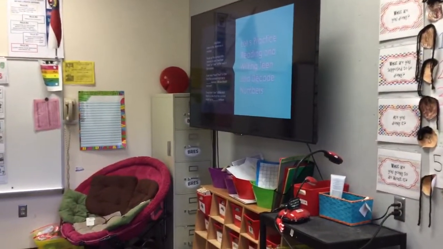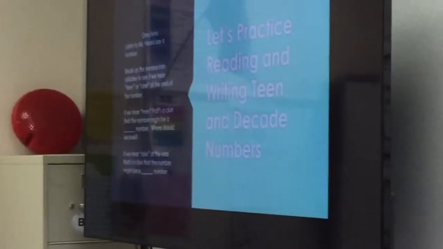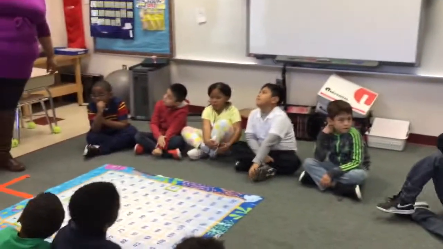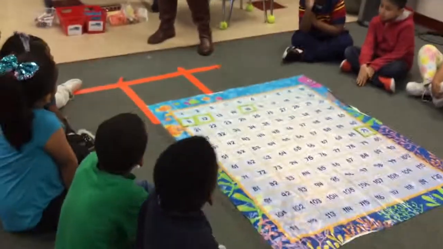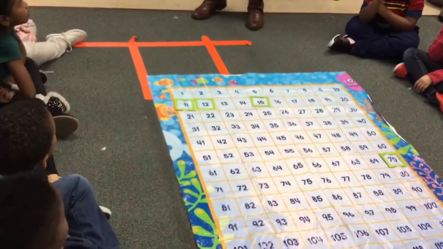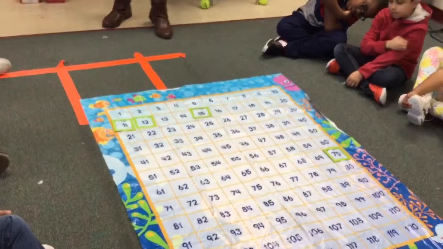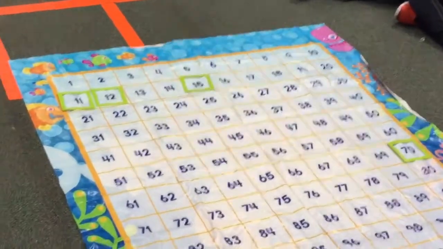We just have to remember that 11 and 12 are also teen numbers. You don't hear teen at the end of 11 or 12, but they do start with the number 1.